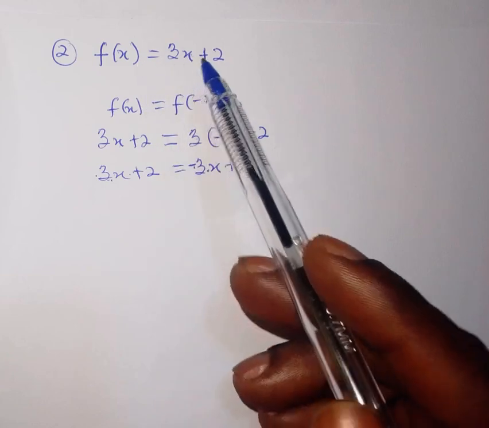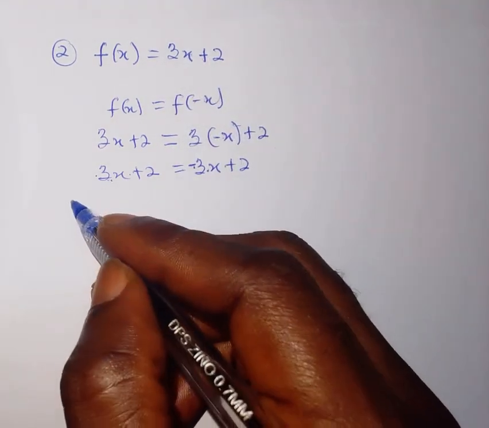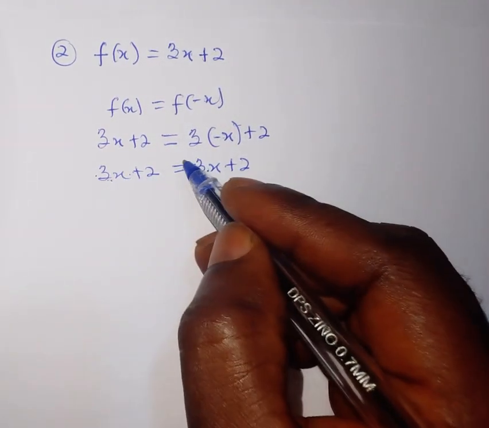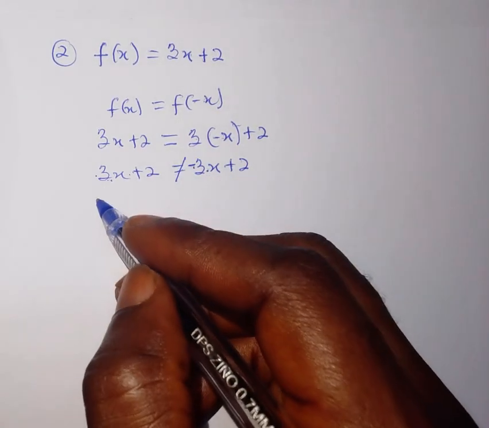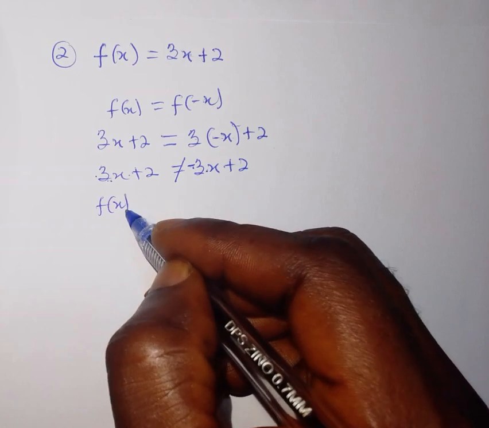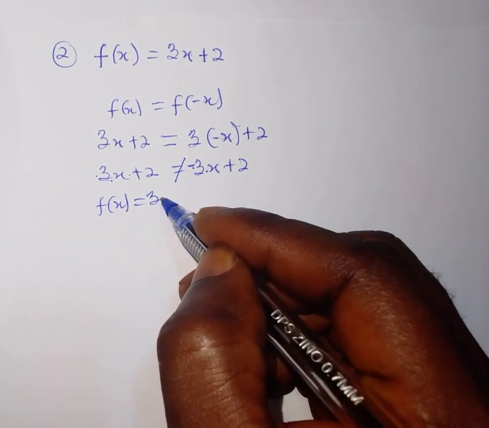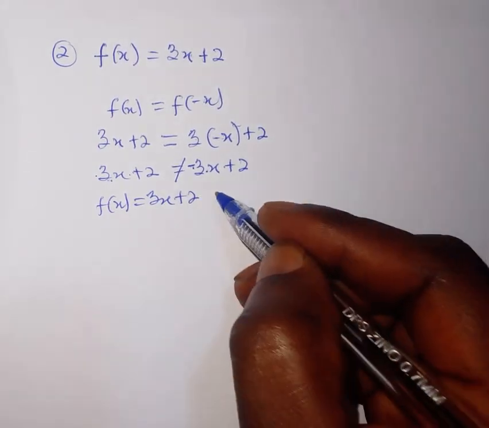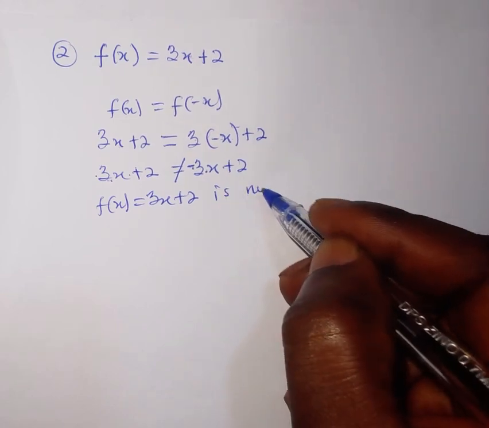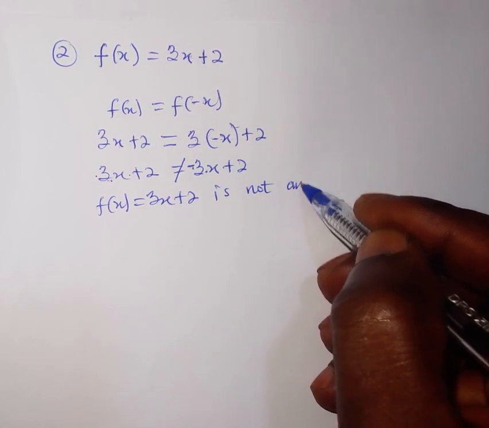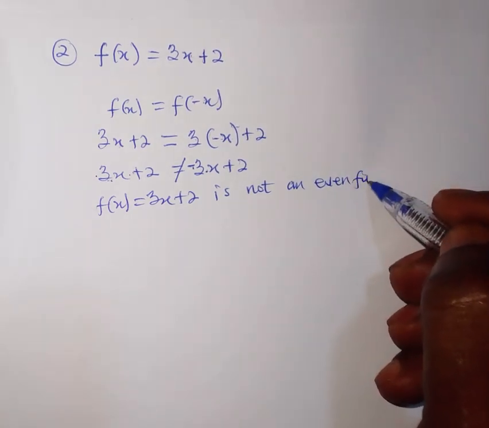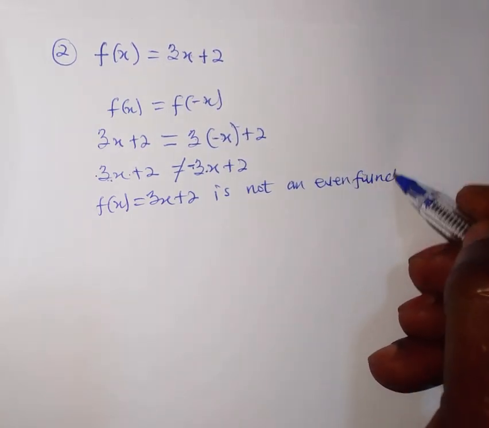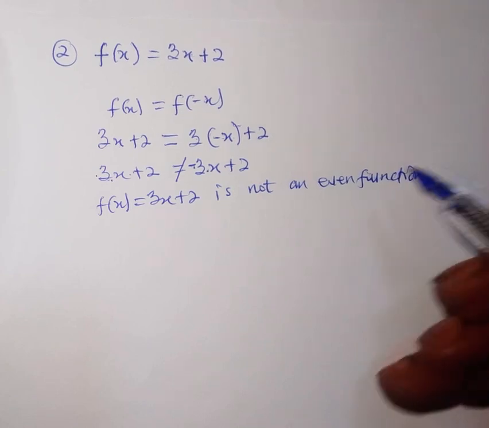Not an even function. You can therefore say that since this is not equal to this, then f at x equals 3x plus 2 is not an even function.